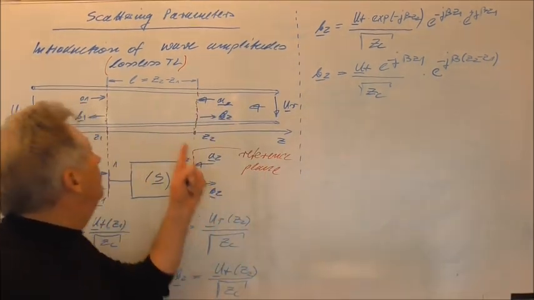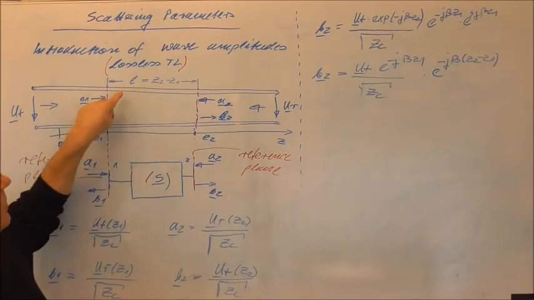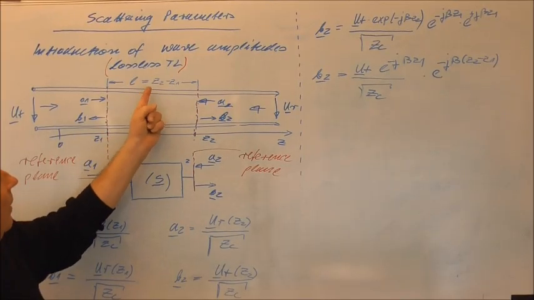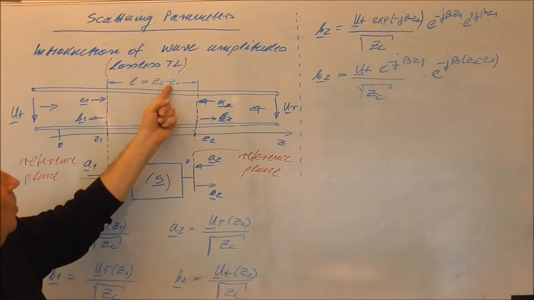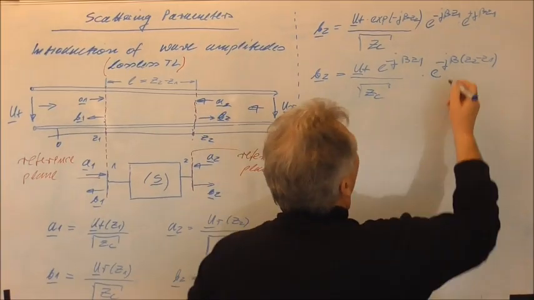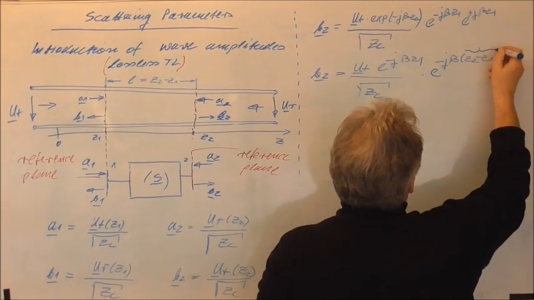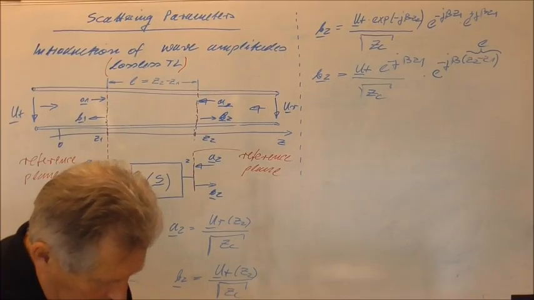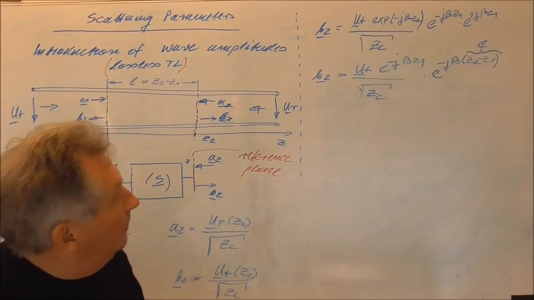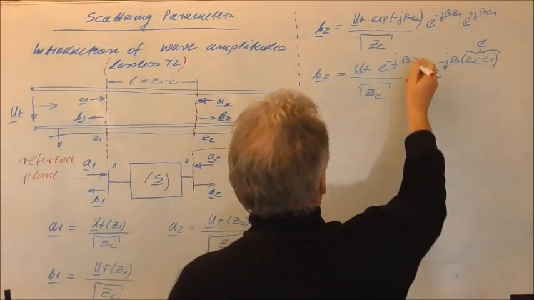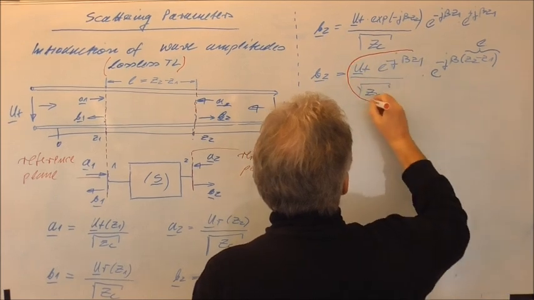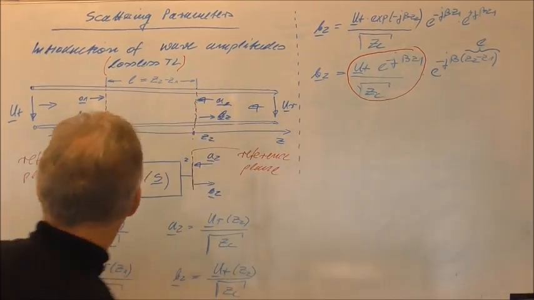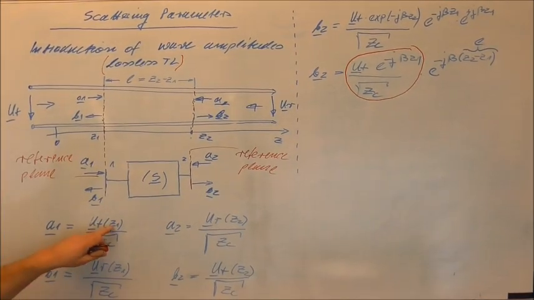Here I introduce the length, which is the length of the transmission line, the difference between Z2 and Z1. And here we have nothing else, but this is our wave amplitude A1 at the point Z1.